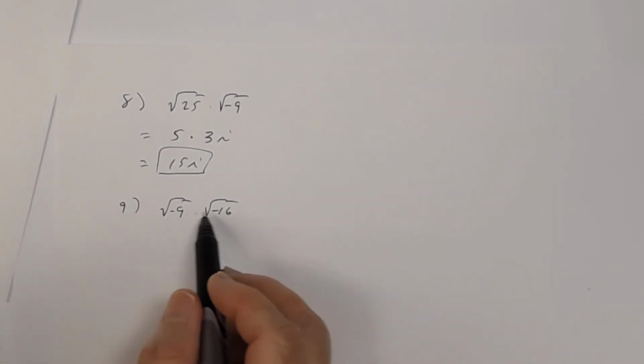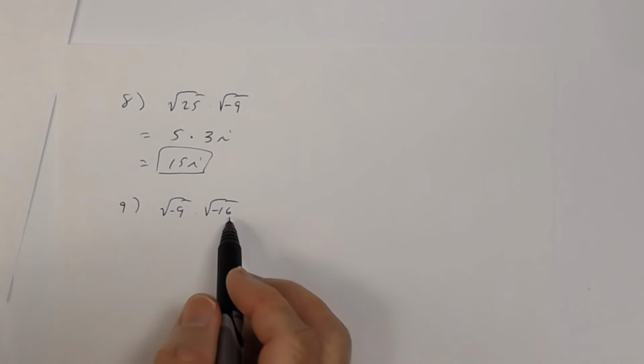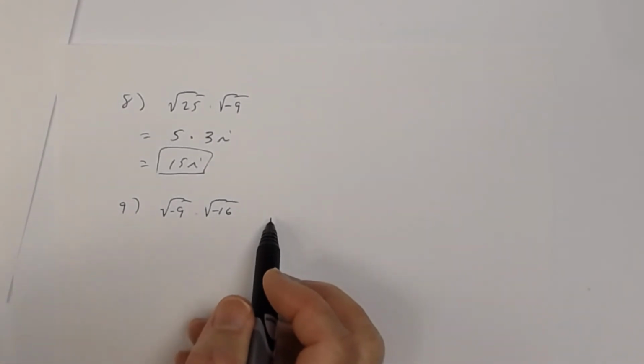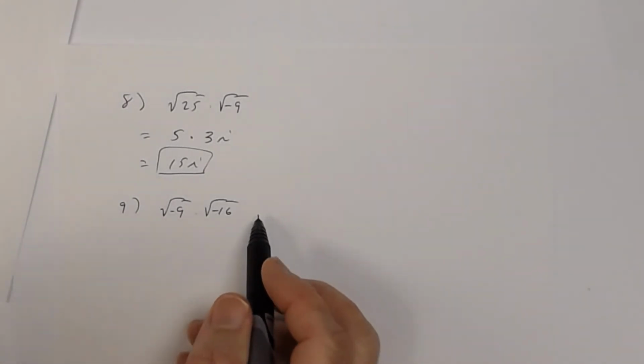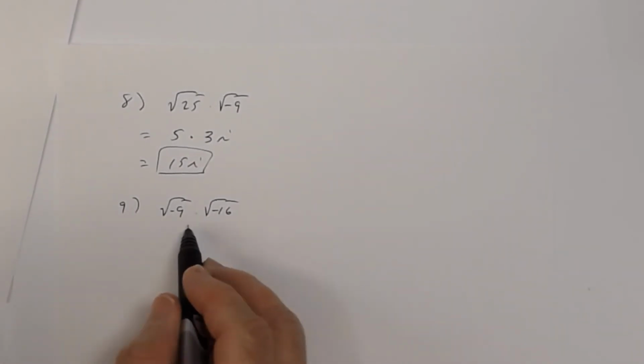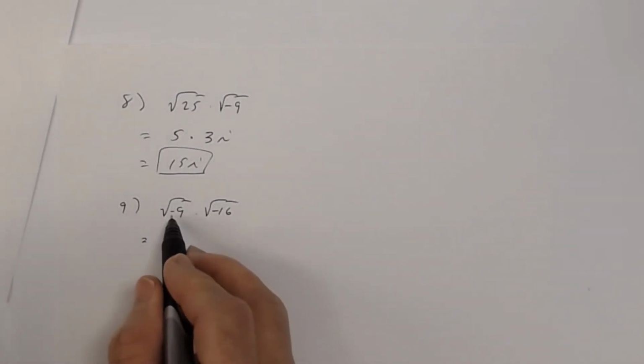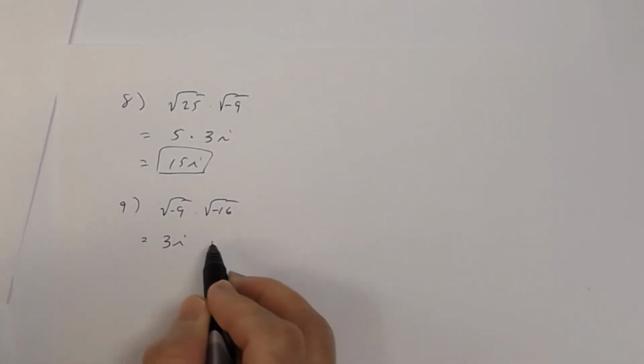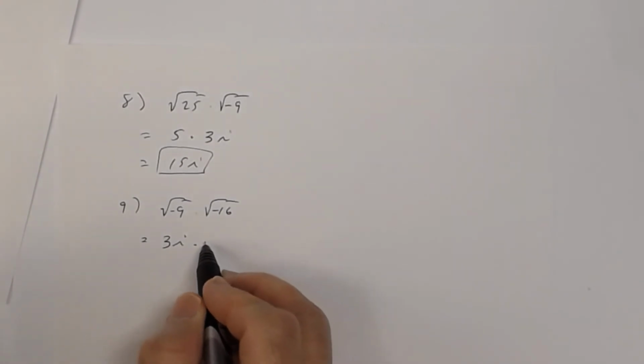Because see, if you multiply those, a negative times a negative is a positive, so you're going to end up with a positive number with no i. And watch what happens. So you're going to have the square root of a negative 9, we know, is 3i times the square root of negative 16, which is 4i.